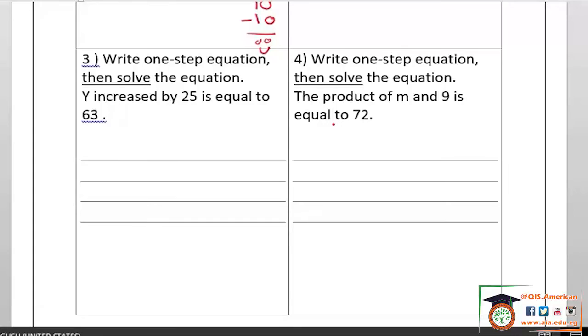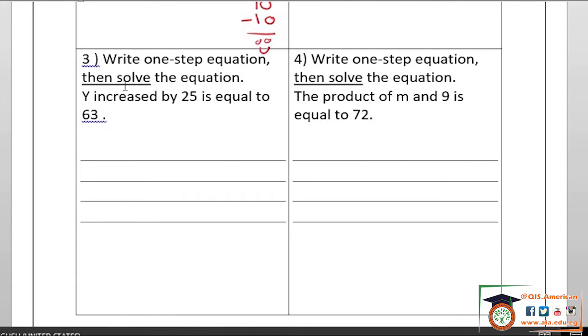Look at question number 3. Write a one-step equation, then solve the equation. So here, we need to write the equation first, then we're going to solve it. It says here, y increased by 25 is equal to 63. Y is my variable.